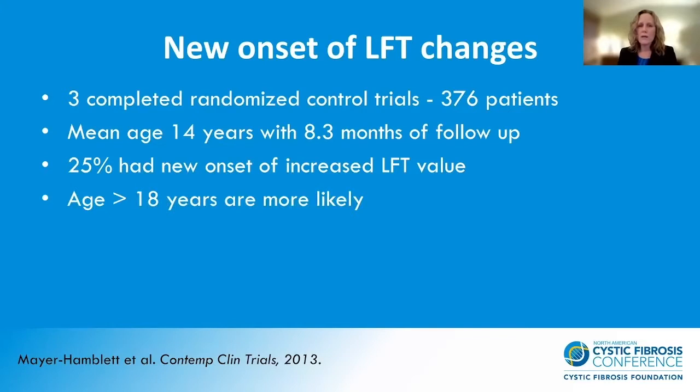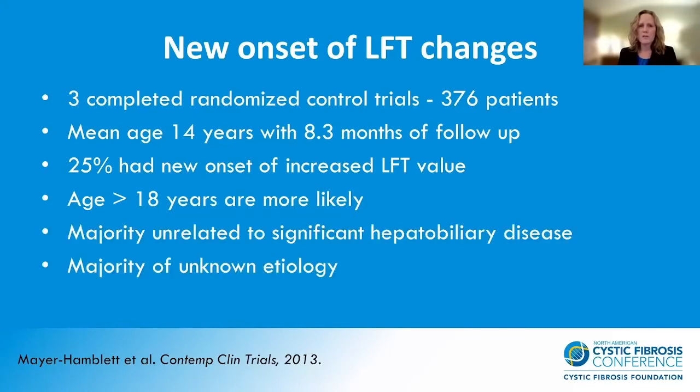This was more likely to happen if they were over 18 years of age, and the majority had no significant hepatobiliary disease, and the majority were also of an unknown etiology. Importantly, only 13% of these were deemed to be clinically significant.